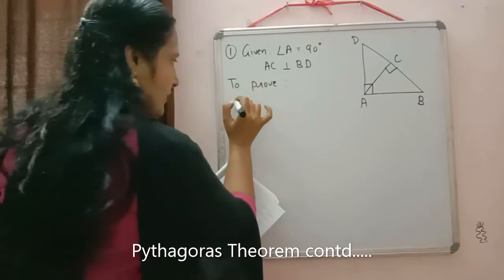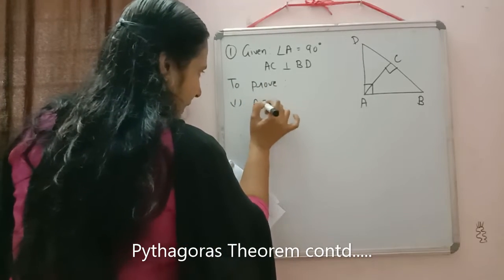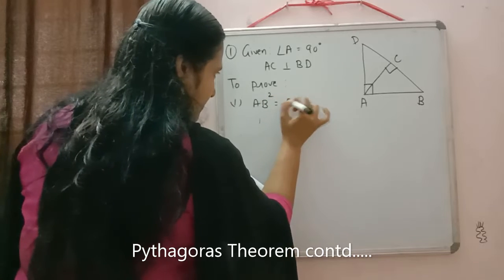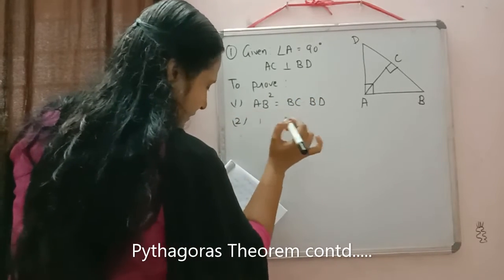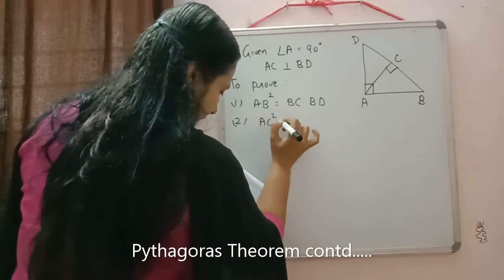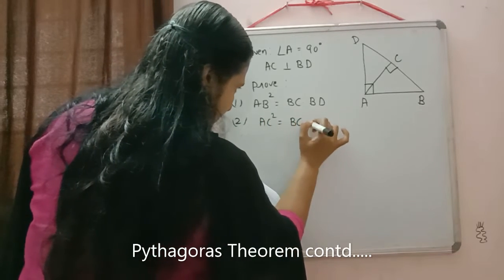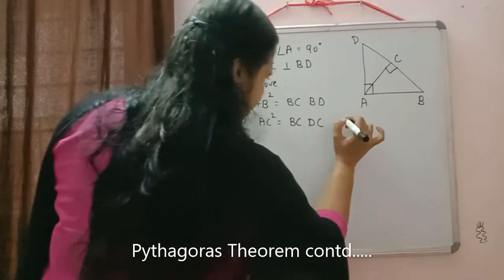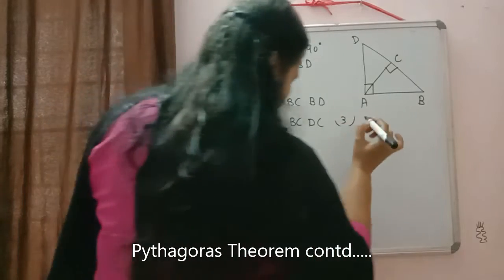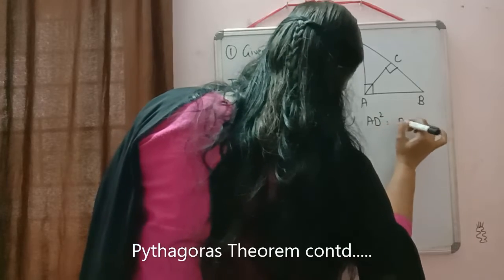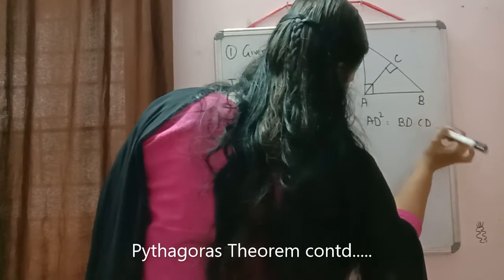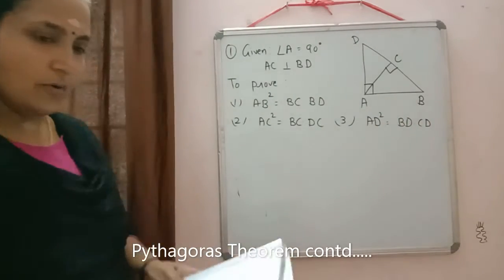First, AB square is equal to BC into BD. Second, AC square is equal to BC into DC, and third, AD square is equal to BD into CD.